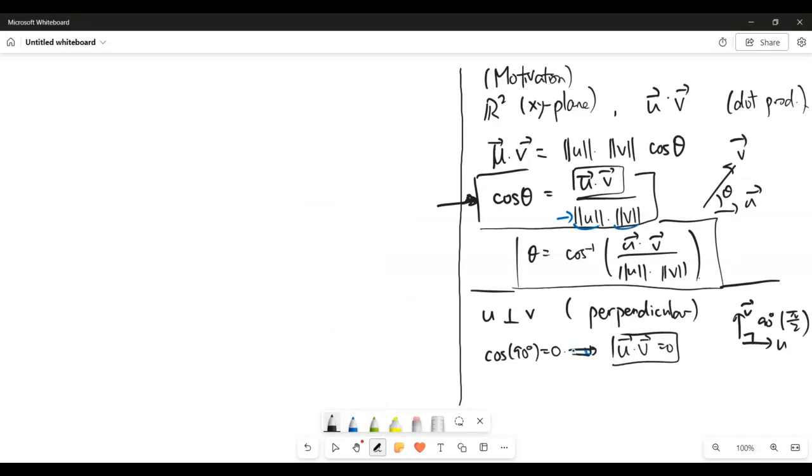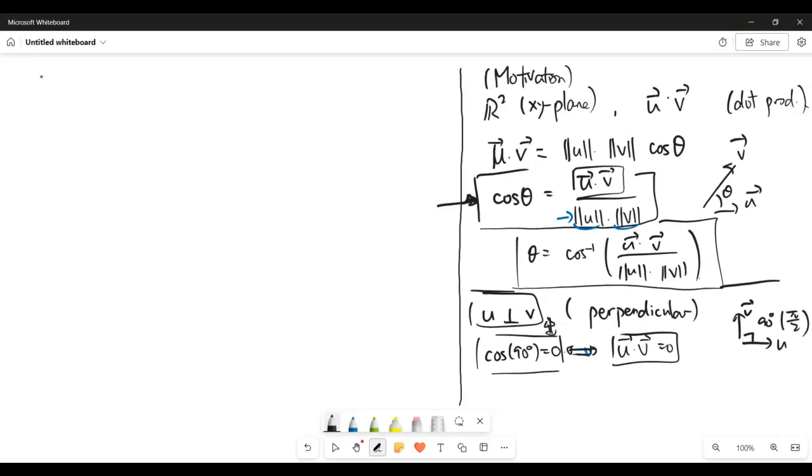I think it's actually an equivalent case. When u dot v is 0, it essentially means that the angle must be 90 degrees, which means u is perpendicular to v.